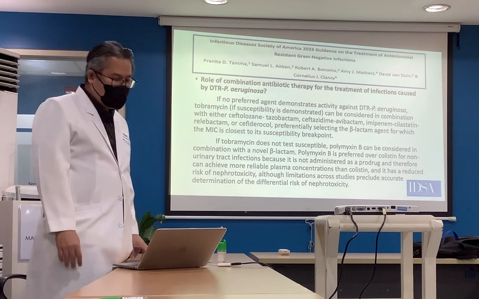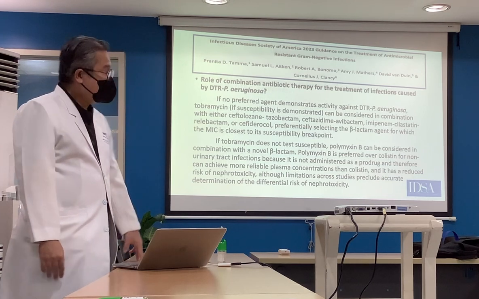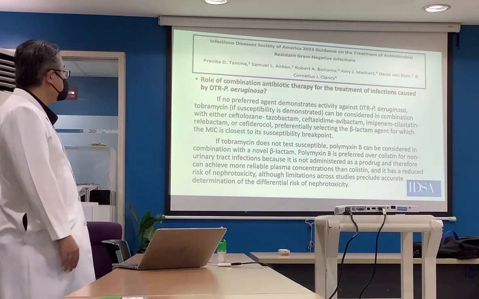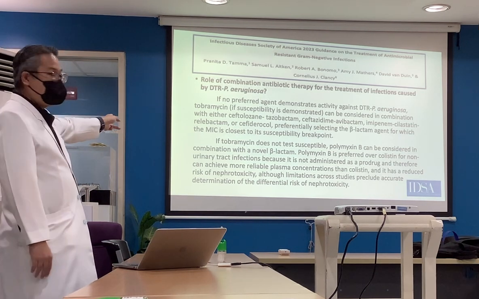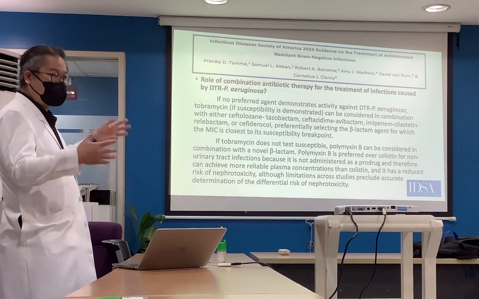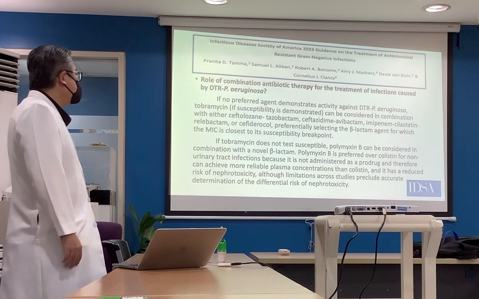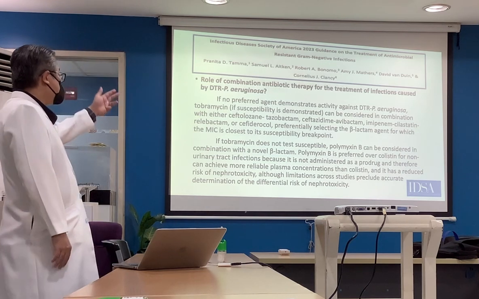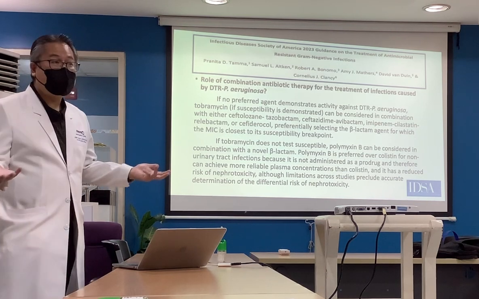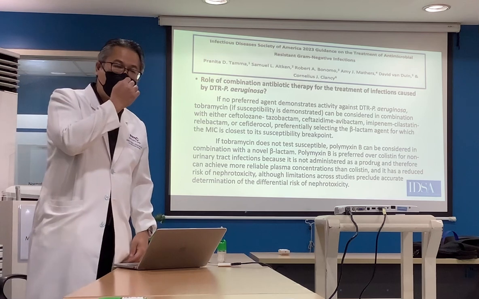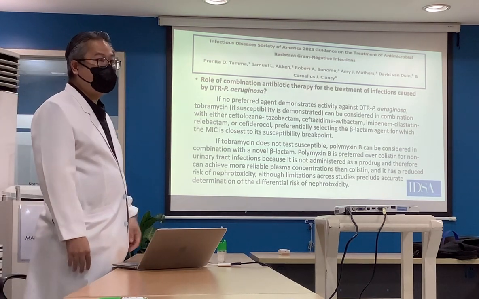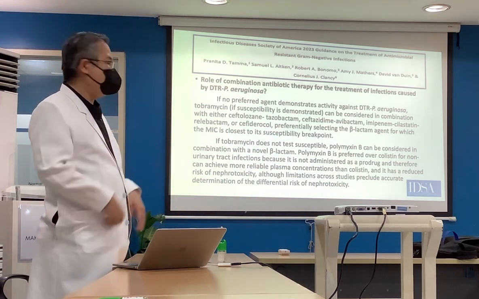Okay, so the role of combination na naman, if there is no preferred agent demonstrating activity against difficult to treat Pseudomonas, tobramycin, if susceptibility is demonstrated, or amikacin, no? Basta an aminoglycoside can be considered in combination with colistin and aztreonam, ceftazidime-avibactam, okay? Kasi wala na nga eh. Okay. So dyan pumapasok yung combination therapy. If there's no other option, then walang susceptible, then you combine.